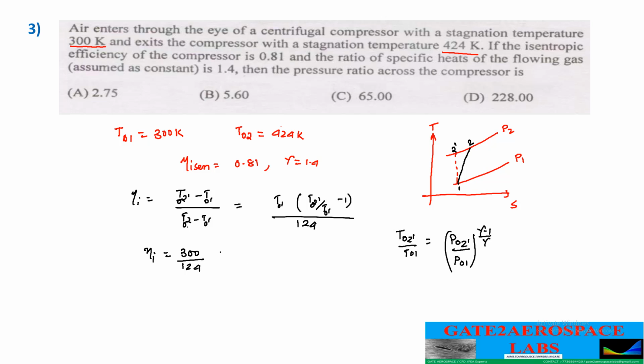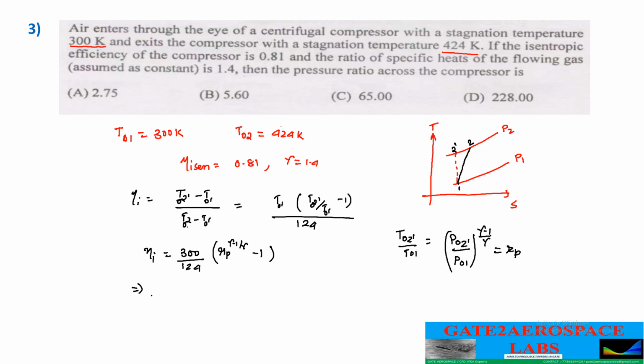The value of gamma is given to us. The pressure ratio is what we have to find out. So this will be equal to the pressure ratio to the power gamma minus 1 by gamma, minus 1.